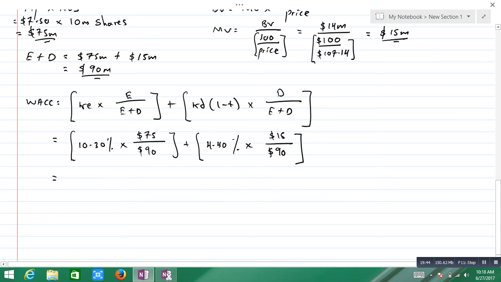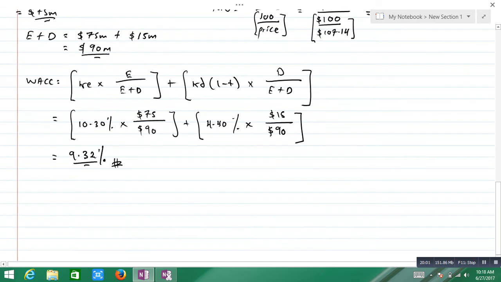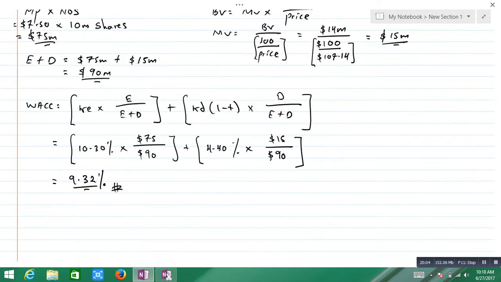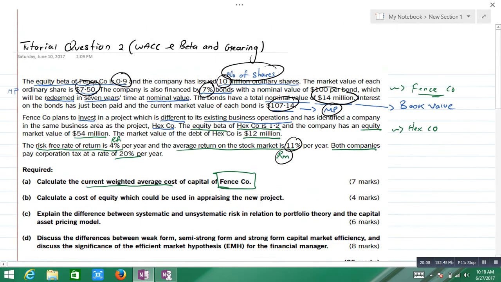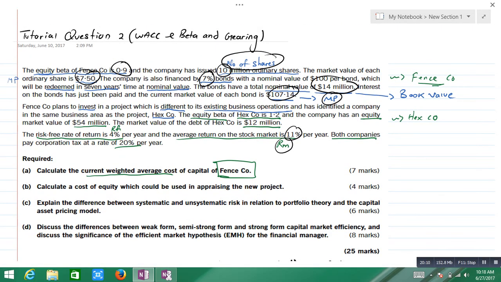Now, next. So we already done the part A. Let's move on to the B now. Calculate the cost of equity. Now, over here, they just want the cost of equity, the KE, for the new project. So that's where the Exco information comes in now, and of course the Fansco as well. We're going to integrate the both. Remember, that's why I asked you to highlight this. When we go through the second paragraph, look at that.